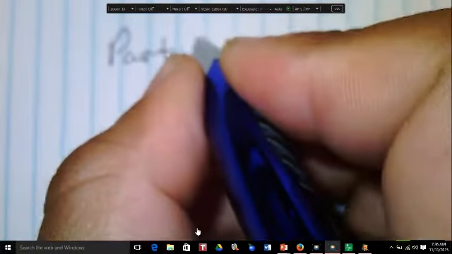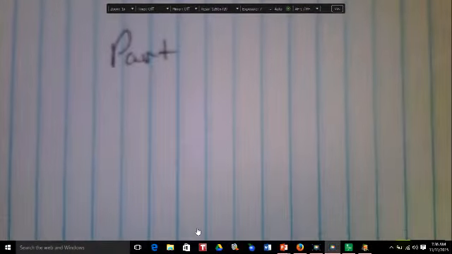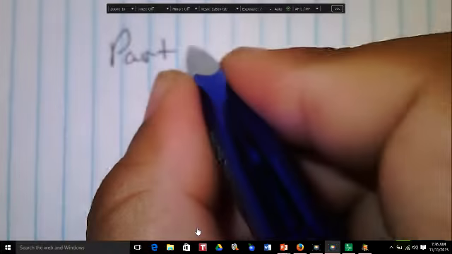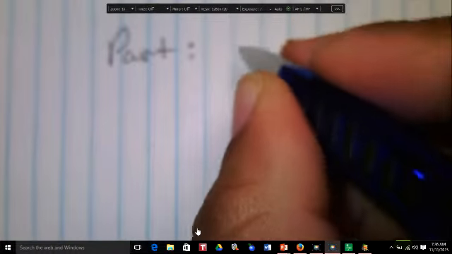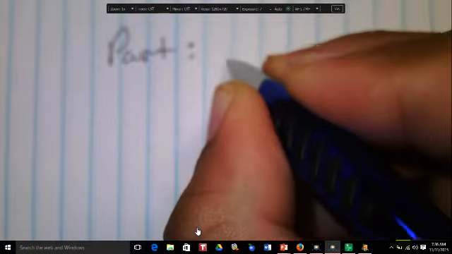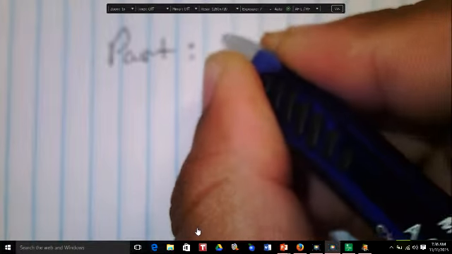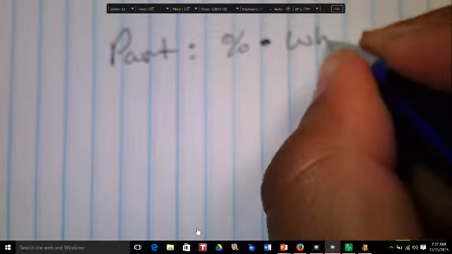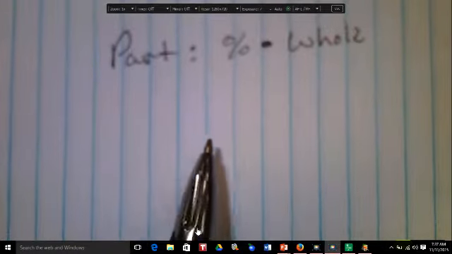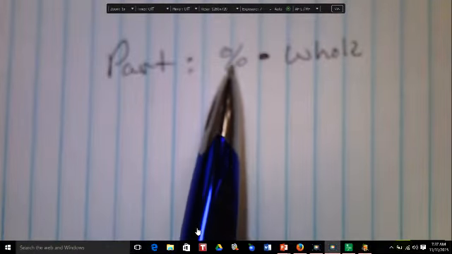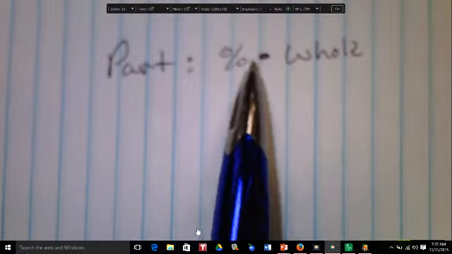This is sort of the cheat sheet, so pay close attention. When you're looking for part, you are going to multiply the percent times the whole.